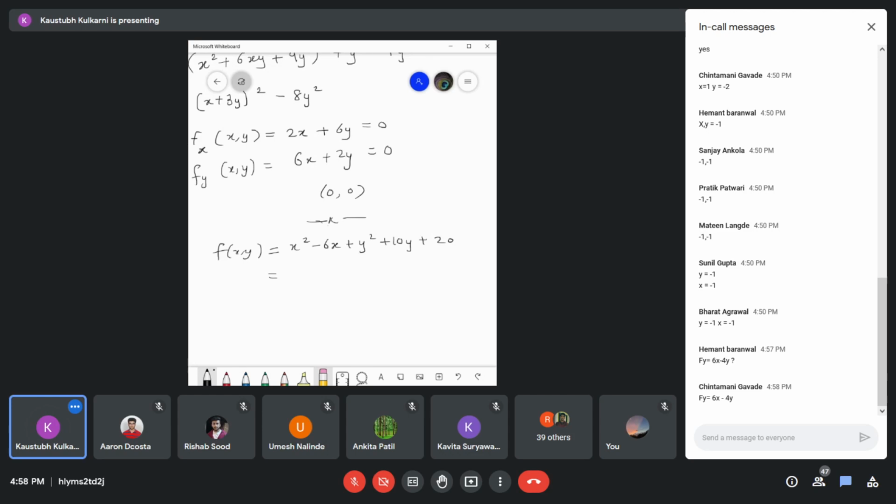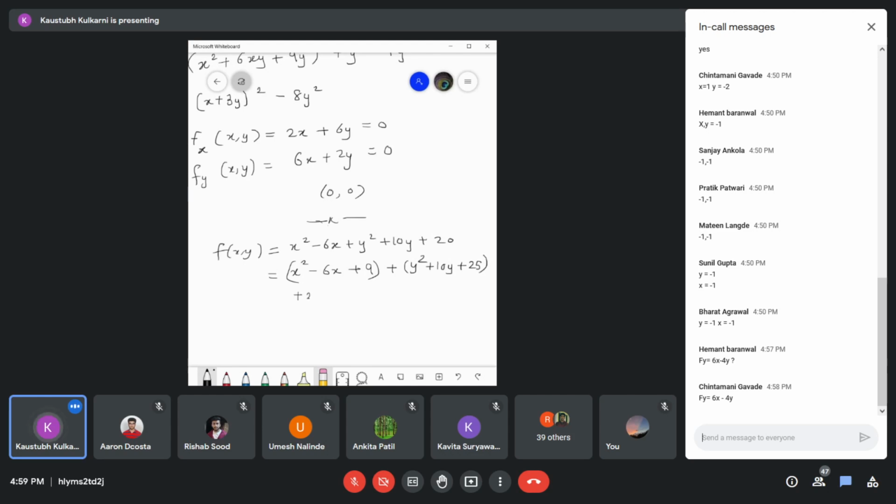Okay, so x square minus 6x you already have. So a minus b square is a square minus 2ab plus b square. So 2ab, a is already x, so b has to be 3. So 3 square is 9. And in case of y square plus 10y, if you consider a plus b square, a is y and b is 5, so y square plus 10y plus 25, these squares are completed.